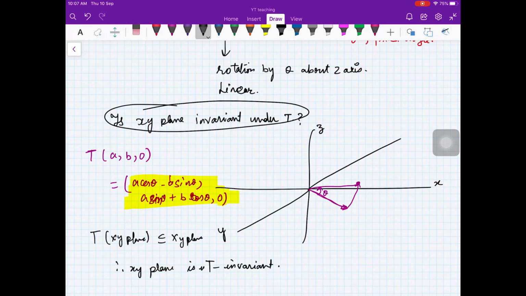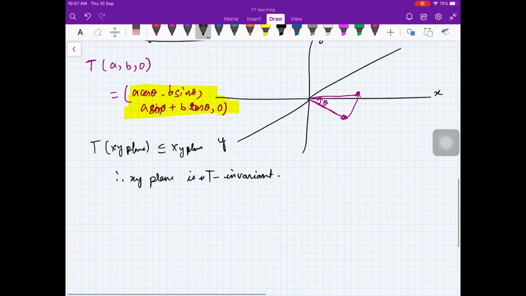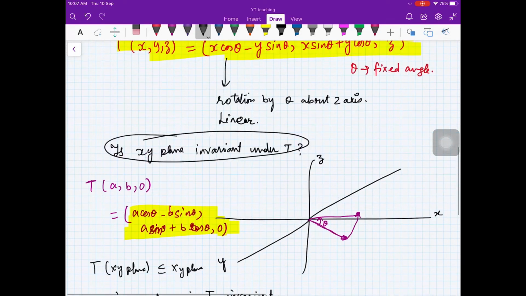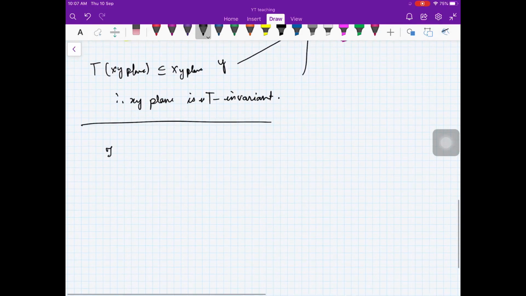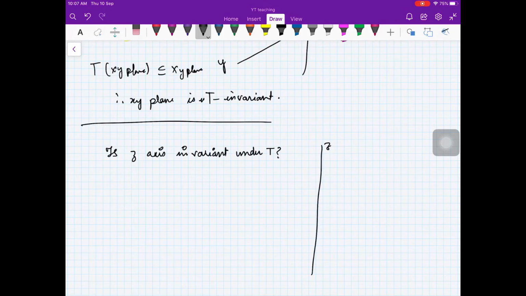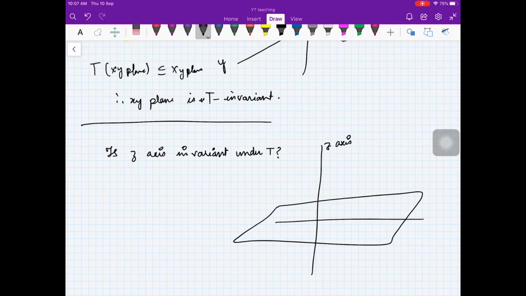Now let us go to the other subspace, which is the z axis. Is the z axis invariant under T? The answer is yes. Again you have this z axis and here is your xy plane. This is the x-axis, this is the y-axis.